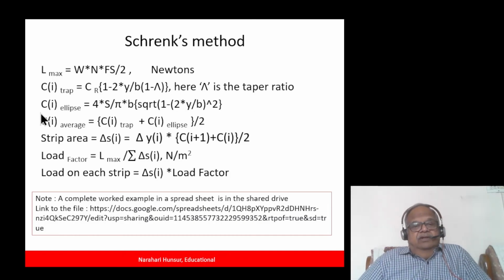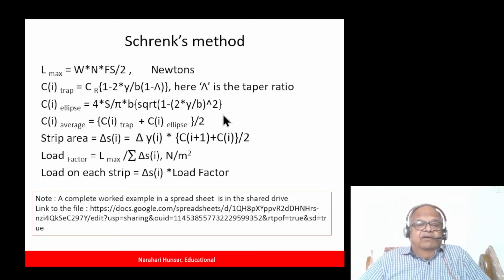The elliptical distribution of chord is a quadrant of an ellipse. You just take this equation on faith from me. You take the average between these two chords, the trapezoidal chord and the CI ellipse chord, the elliptical chord, and then multiply by the delta yi.